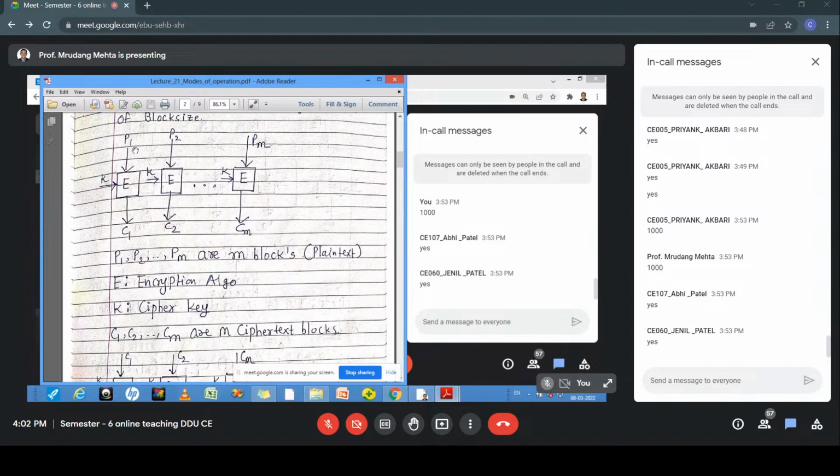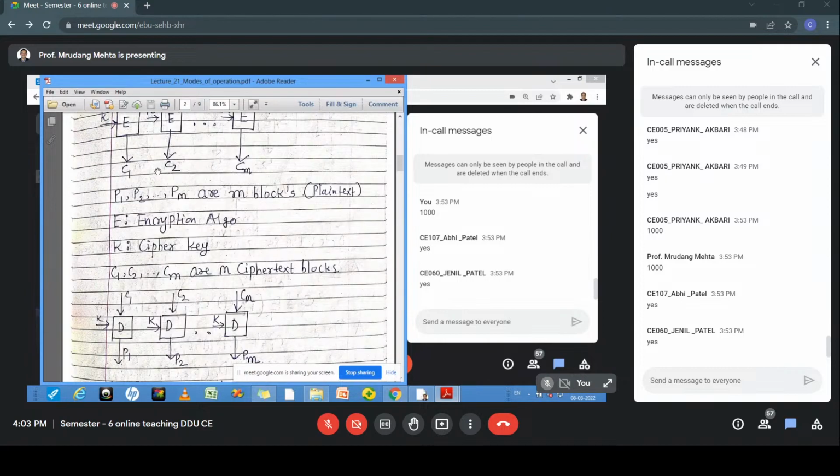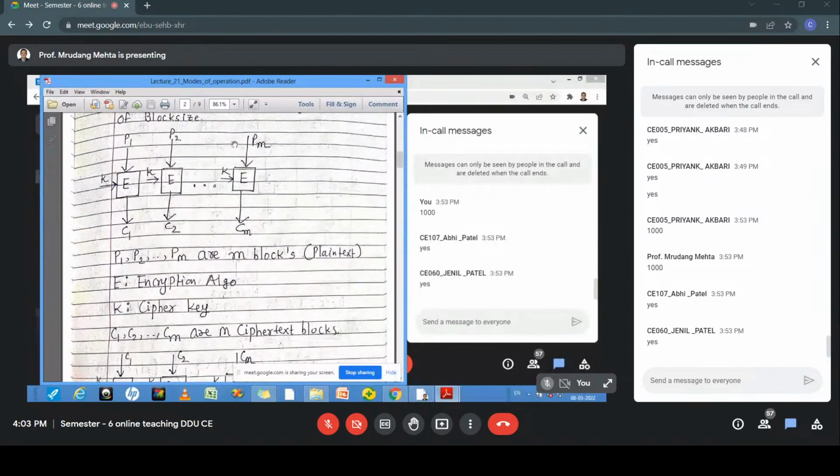So if the plain text blocks are identical, the cipher text blocks will be identical. That is the limitation of this mode. Here we have the encryption algorithm and the cipher key, and that generates M cipher blocks. So this is the basic diagram.